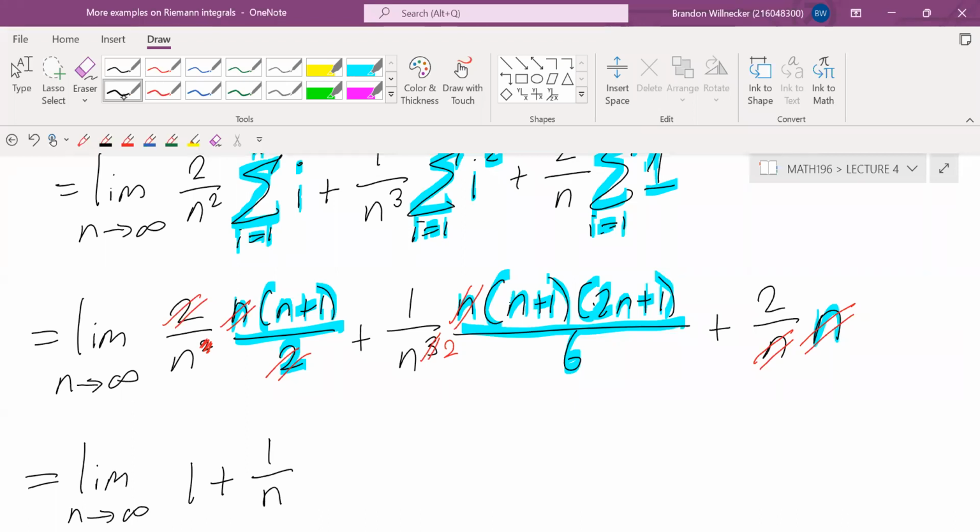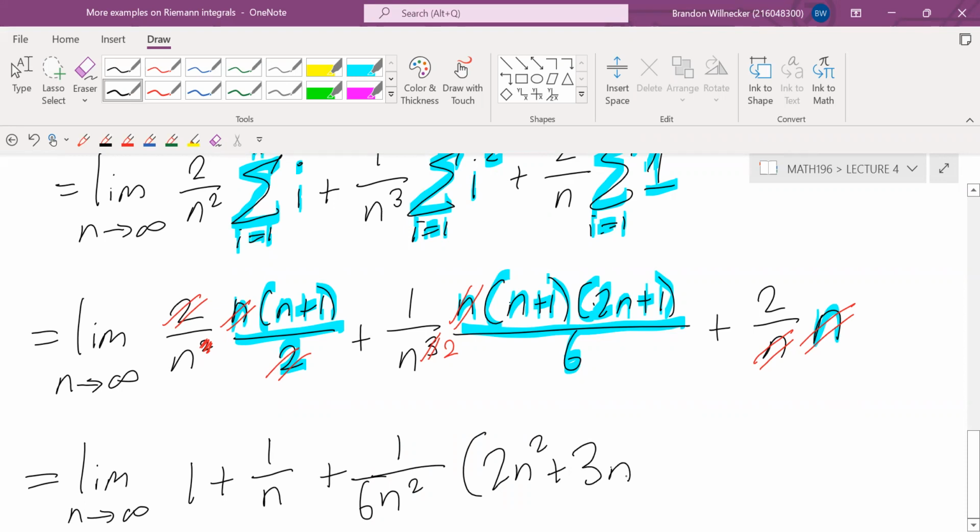So the second term is going to become plus 1 over 6n squared, and then if we expand these brackets out, we're going to get 2n squared plus 2n plus n, so plus 3n, and then plus 1. And then right at the end, we just have plus 2.